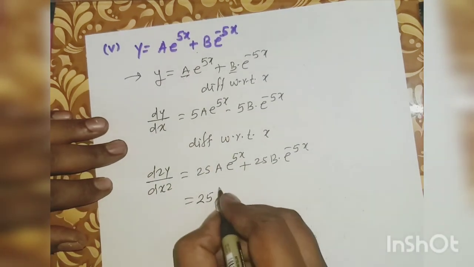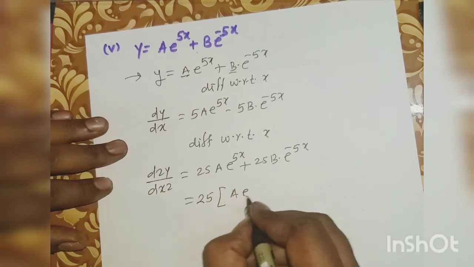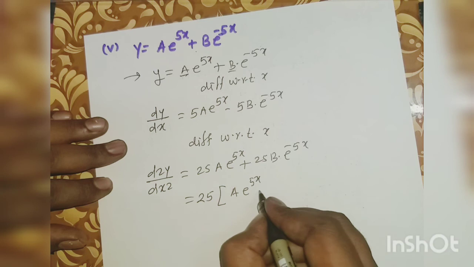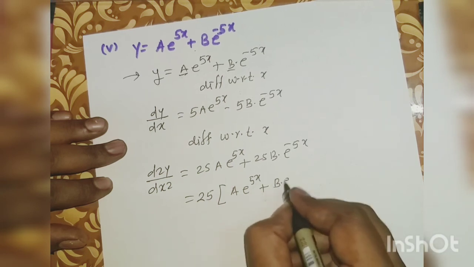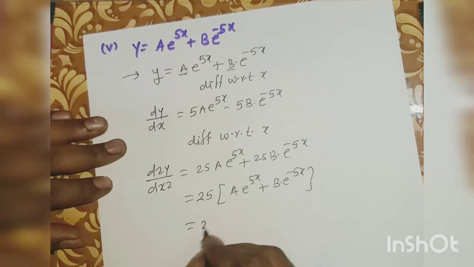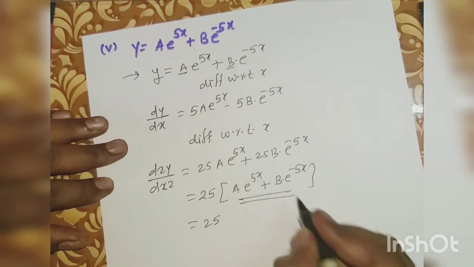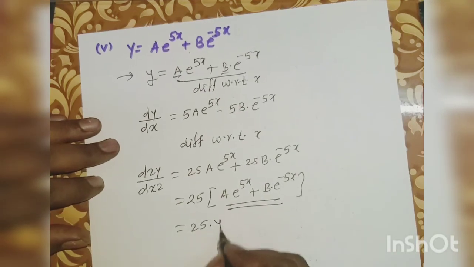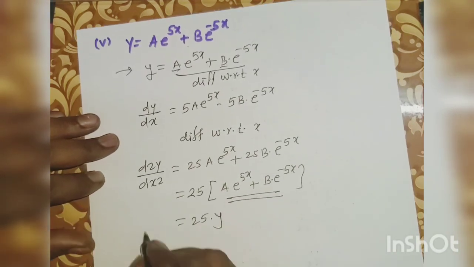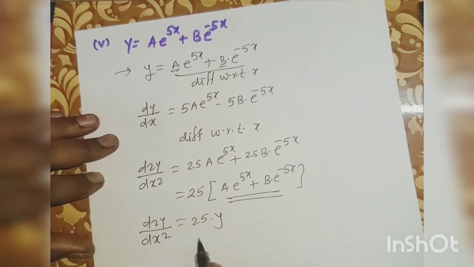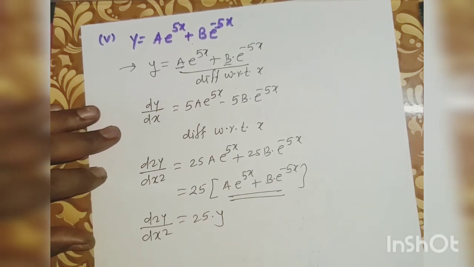Take 25 common in bracket, a into e raised to 5x plus b e raised to minus 5x. Now this square bracket and equation 1 are also the same. Then we write d2y by dx square is equal to 25y.